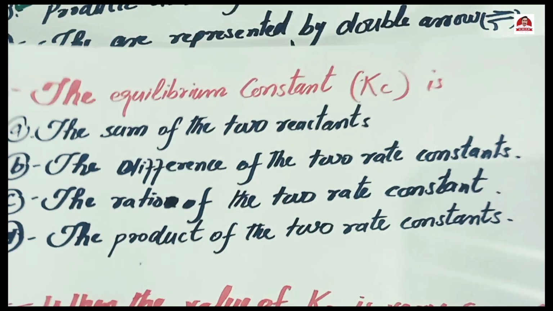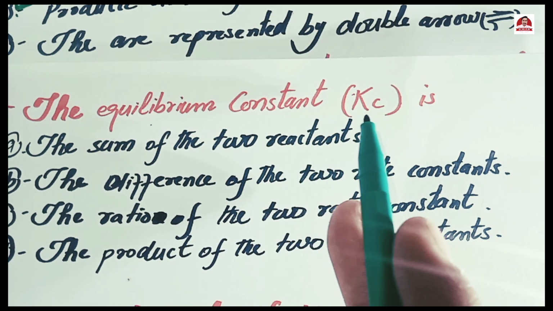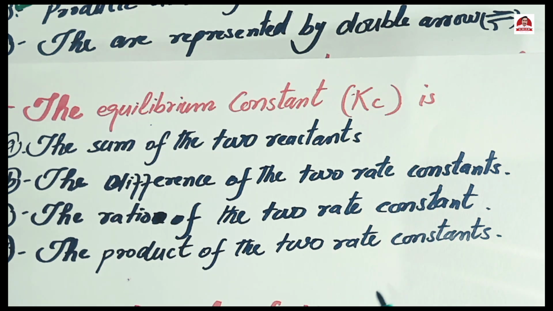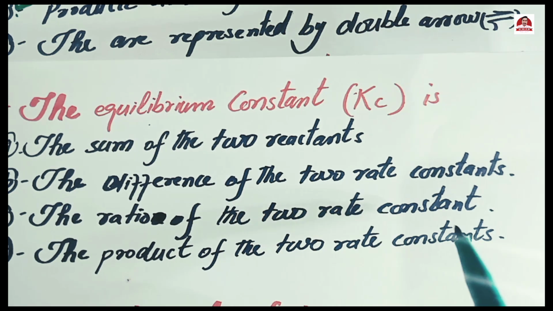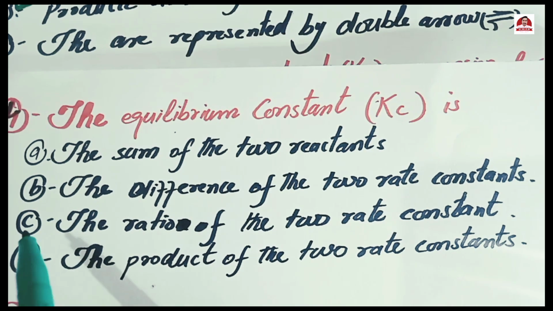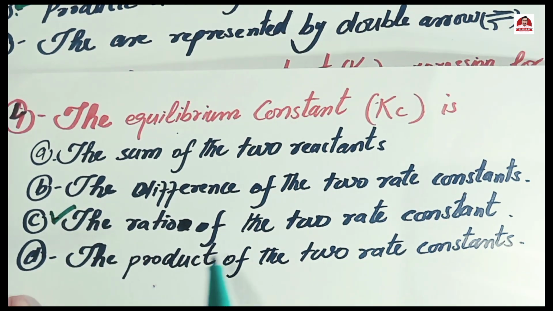So we know that Kc, which is called the equilibrium constant, is the ratio of the concentration of the product divided by the concentration of the reactant. So option C is correct. The statement is the ratio of the two rate constants.